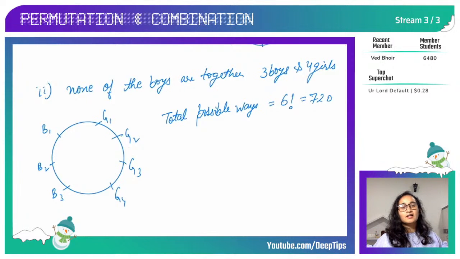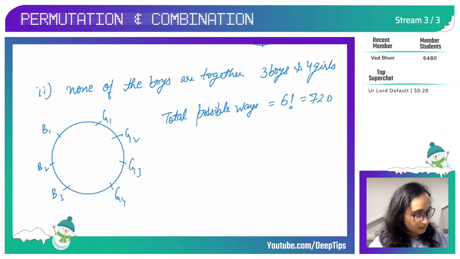Then I'll get the unlike event where none of the boys are together. If I get the number of ways where all the boys are together, and I subtract it from the total possible ways of seating, then I get the number of ways when none of the boys are together. So let's understand how to calculate when all boys are together.